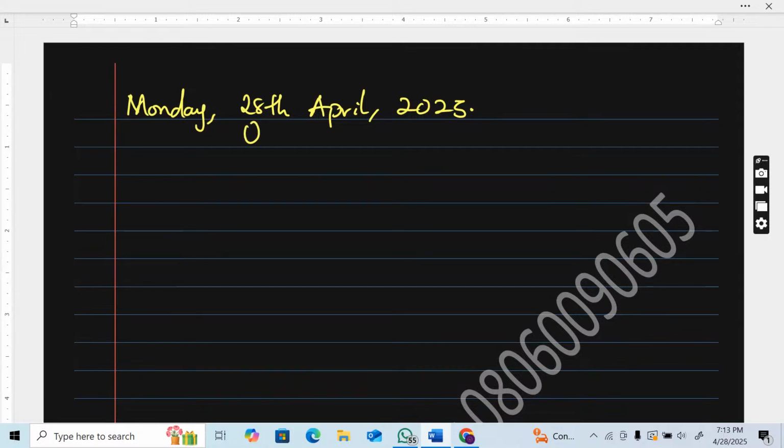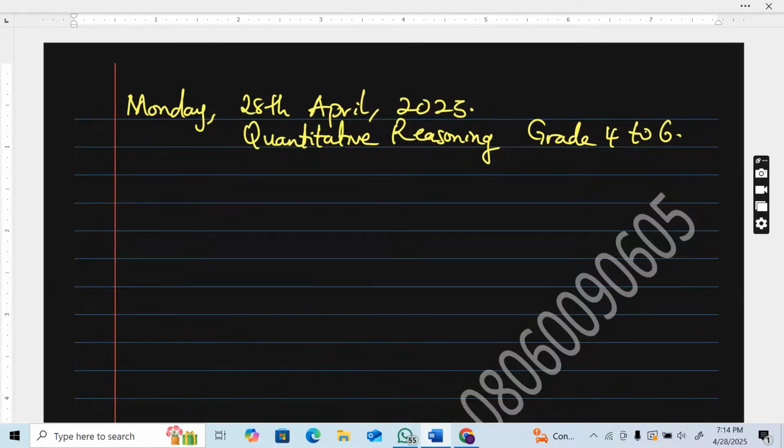So right now we have quantitative reasoning. This class is quantitative reasoning for students in grade 4 to 6. So if you're in grade 4 to 6, this will help you a lot.